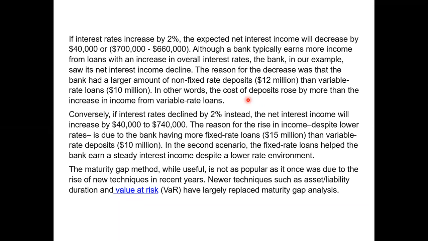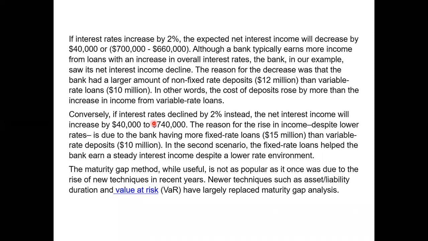Conversely, if interest rate declined by 2%, what will happen? In the earlier example, it increased by 2%. Now we assume the same situation, but the interest rate is reduced by 2%. Without doing the calculation, we can say that net interest income will increase by 40,000.